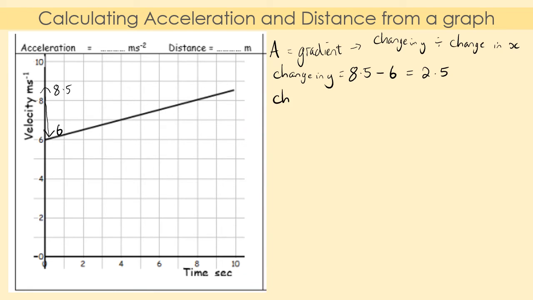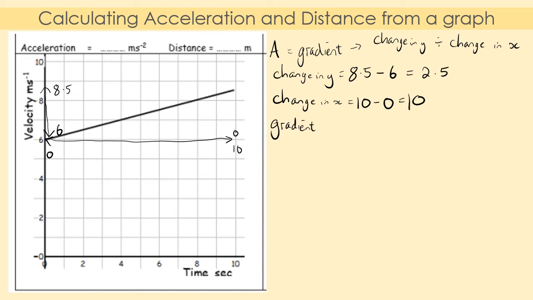I'm now going to work out my change in x. I'm starting here, which is at 10, and it's going to go all the way back over to 0. My change in x, going from the value on the right first, is 10 minus 0 equals 10. So nice and easy. 10 take away nothing is 10. Almost wrote 0 there. Don't tell anyone I did that. So I can now work out my gradient.